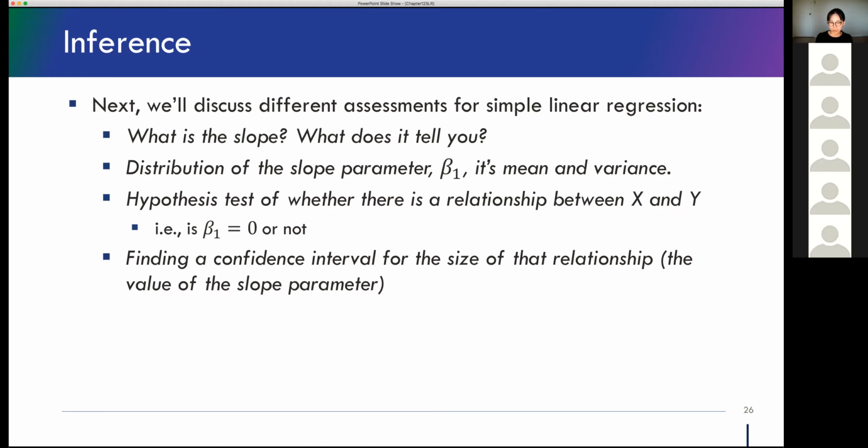Because a slope equal to 0 means there's no relationship between x and y, right? And we can also find a confidence interval for the size of that relationship, basically the size of beta 1. And this is what the whole inference is doing.